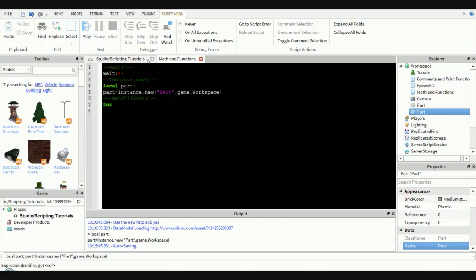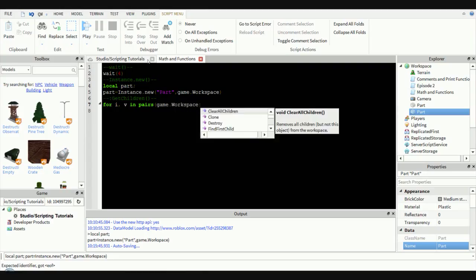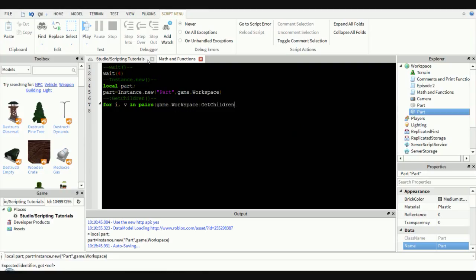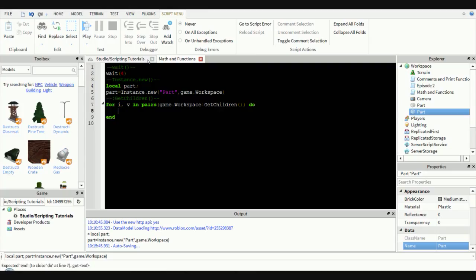But I'll also do this for i, v in pairs, game.workspace:GetChildren() do. So for i, v in pairs, it means this loop will go through all of the children of the workspace, and then we want to print the name, and we also want to print the number it is.